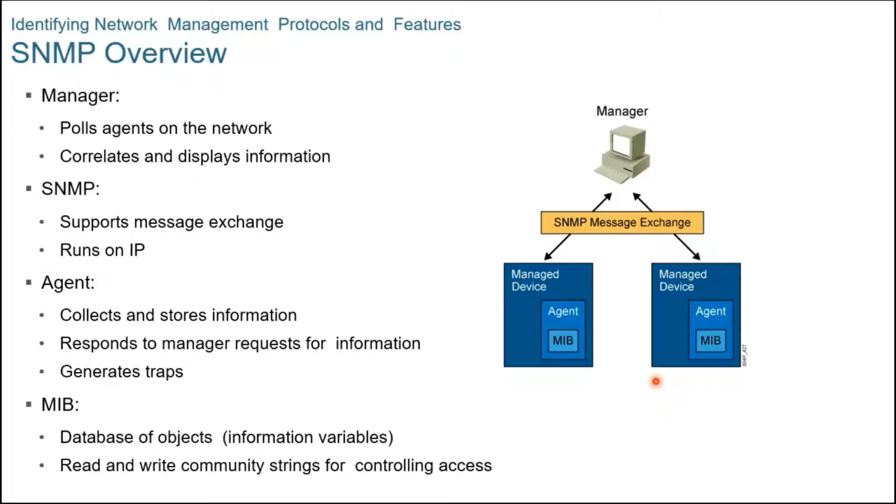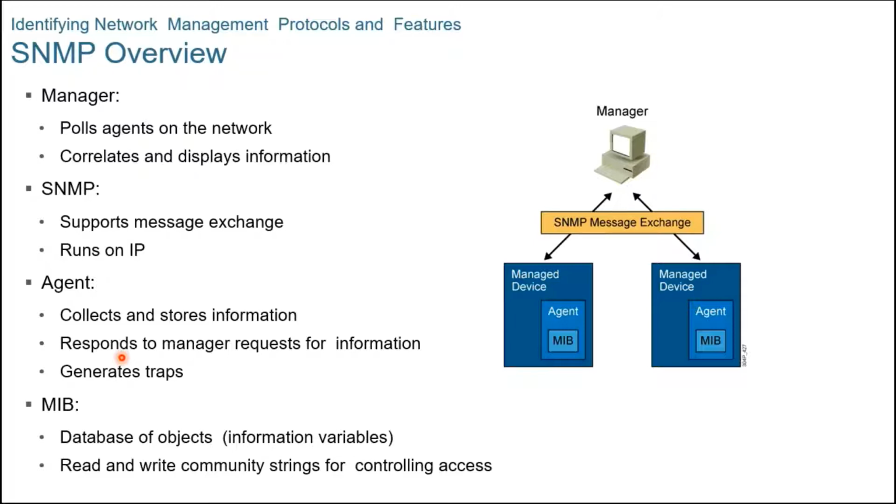Routers, switches, and computers are managed devices being managed by the manager. Also, you have management agents, or agent. These are SNMP management agents that reside on the managed devices to collect and store a range of information about the device and its operation, respond to the manager's requests, and generate traps to inform the manager about certain events.